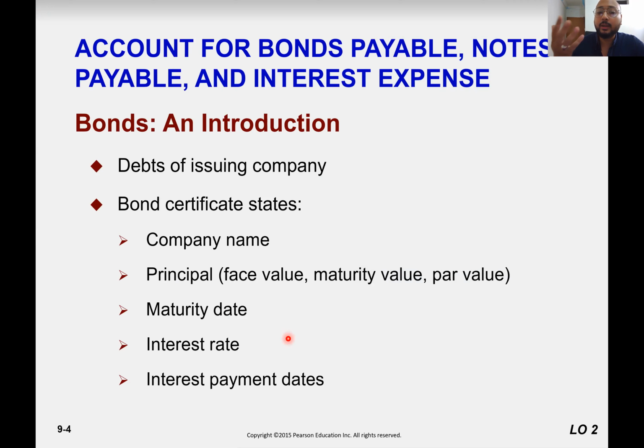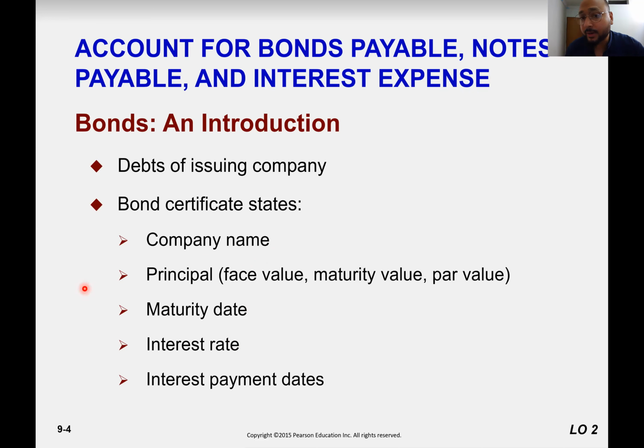One, we collect funds from our investors, from our shareholders, which we call owner's equity. The other source is that we ask the public or a bank to give us a loan, and on a loan we have to pay interest, right?